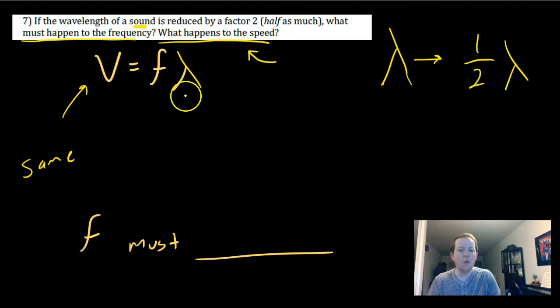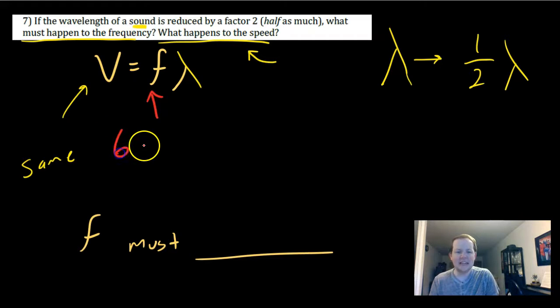So I know that the wavelength is going down. It's half as much. Well, I need to have the same speed at the end. So if this is decreasing, and I must have the same thing on the left-hand side of the equation, the frequency must be going up, right?